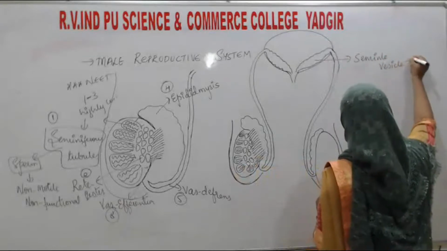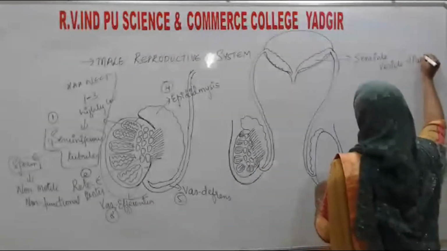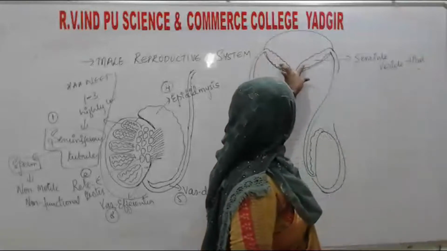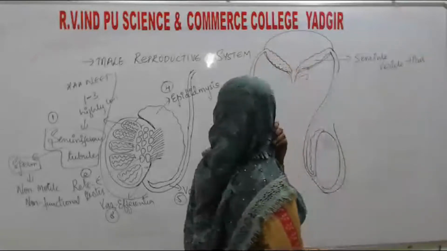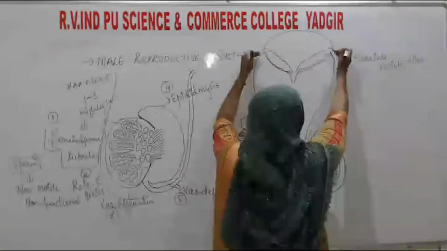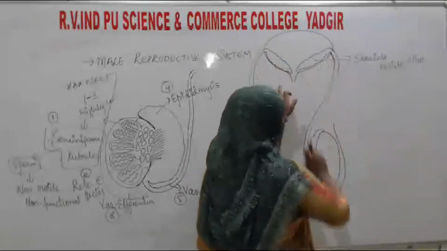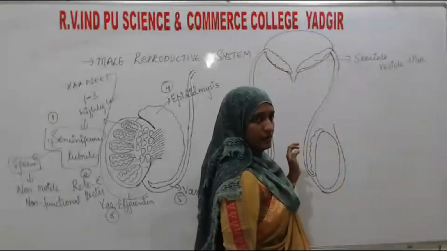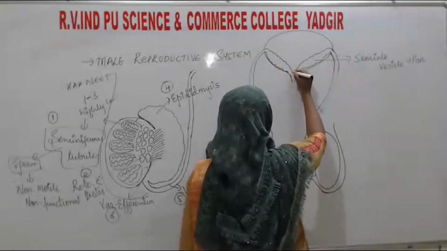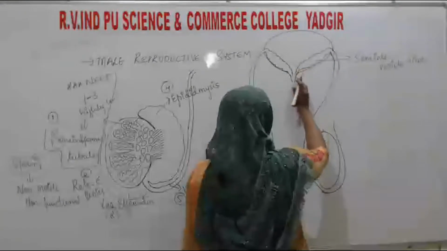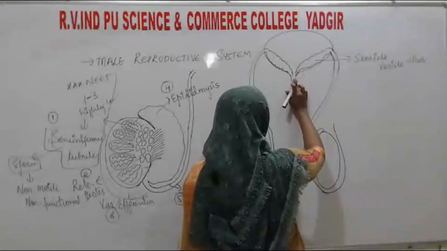And this gland will be present in a pair. You can see two seminal vesicles are there. Okay, the vas deferens is going to open into the duct of the seminal vesicle. Then here two ducts are going to open into a duct or a tube.